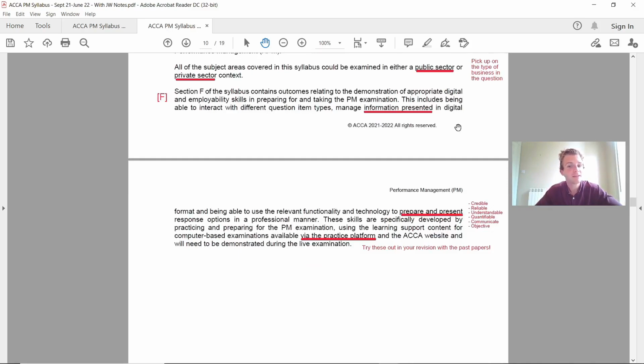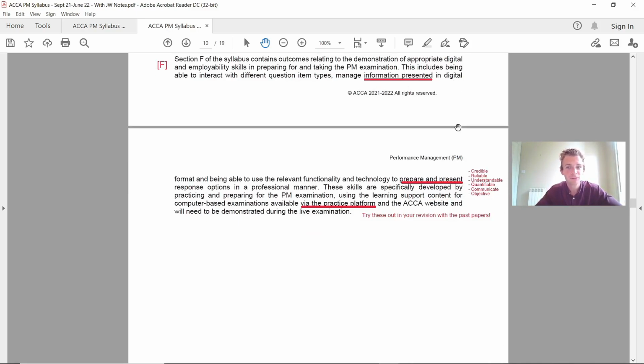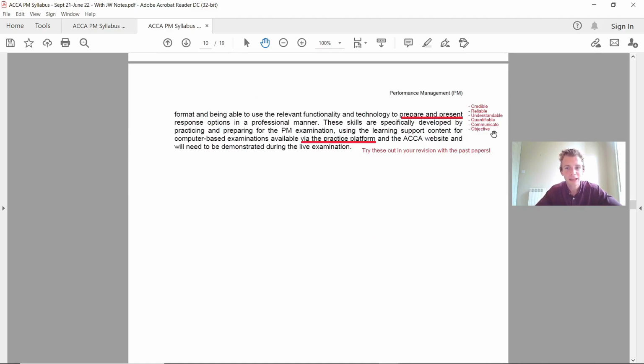Section F is all about information, and then at the bottom on here, this is where you get real added value to say, well, from that information, we're going to have to prepare and present. So this is using the Excel format box in section C and utilising the actual practice platform. But saying to yourself, that information that you're given in the scenario in section C, ask yourself, and feel free to write these down, it'd be very helpful: Is it credible? Can I rely upon it?